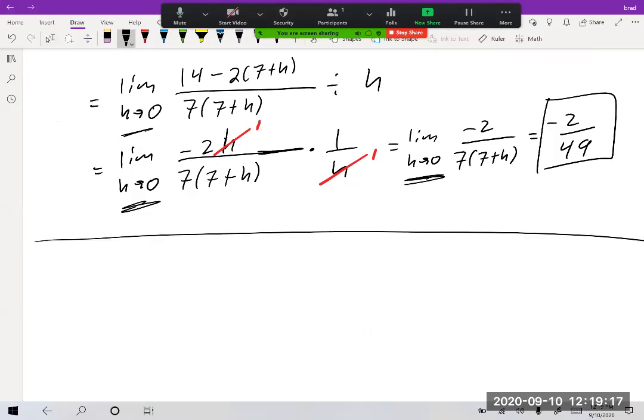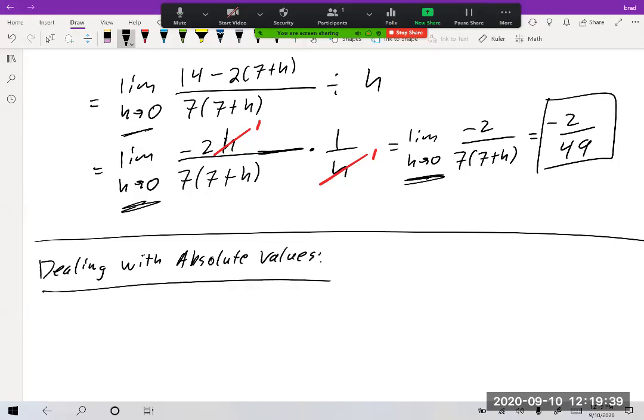Okay, now let's talk about dealing with absolute values. In general, for me, I feel like absolute values in calculus always seem to cause a little bit of trouble. So we always have to be a little bit careful whenever absolute values become involved. So dealing with absolute values. Okay.